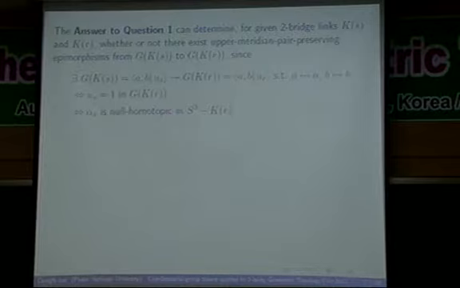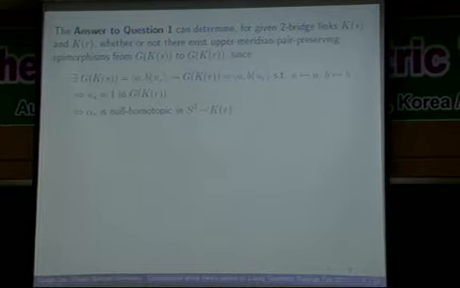It's known that every two-bridge link group has a presentation called the upper presentation with 2 generators and 1 relator, where the 2 generators represent the upper meridian pair of this two-bridge link, and this 1 relator represents the essential simple loop of the same slope, which is alpha sub S. And then we have the following: there exists an epimorphism from this two-bridge link group to this two-bridge link group such that A goes to A and B goes to B, if and only if this relator equals the identity in this group.